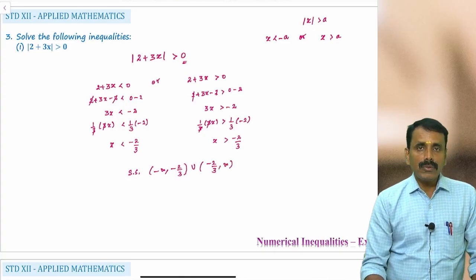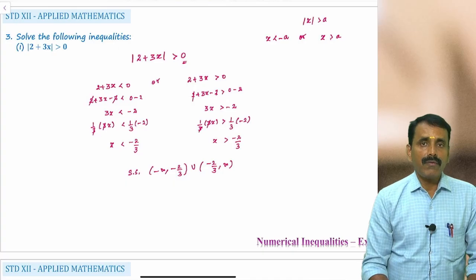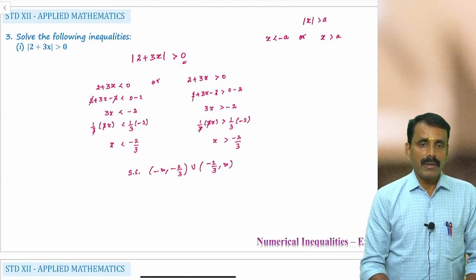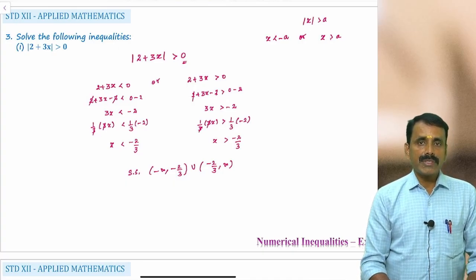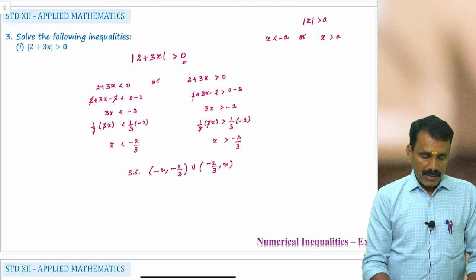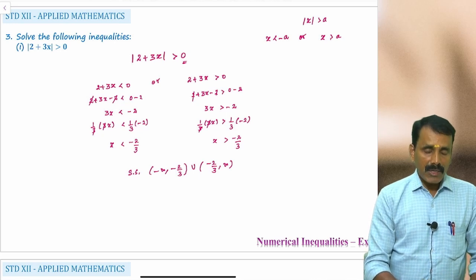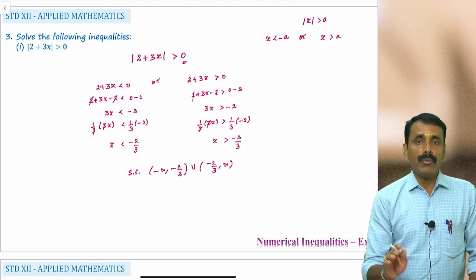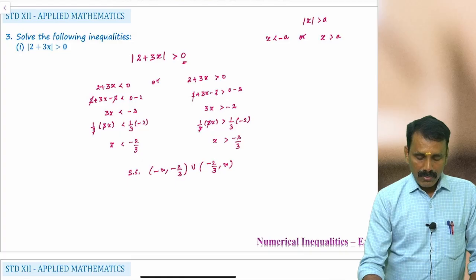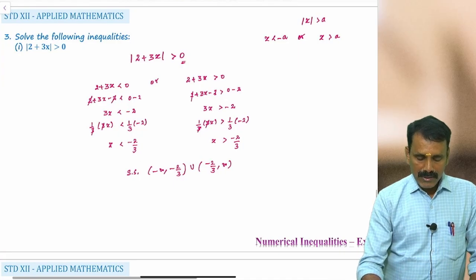I already told you the solution set for this inequality will be the values of x which make this expression equal to 0 alone to be omitted. So, when you solve for the value of x which makes this expression 2 plus 3x equal to 0: 2 plus 3x minus 2 will be equal to 0 minus 2.